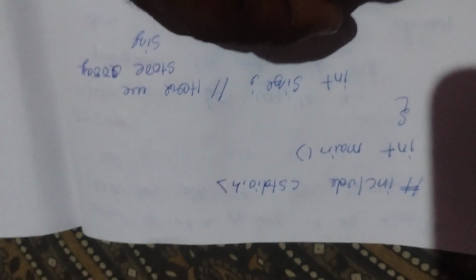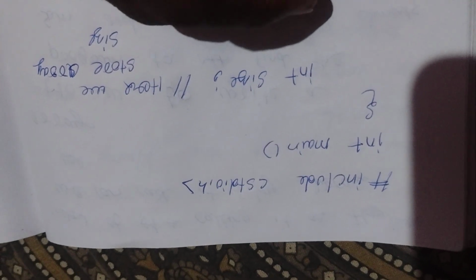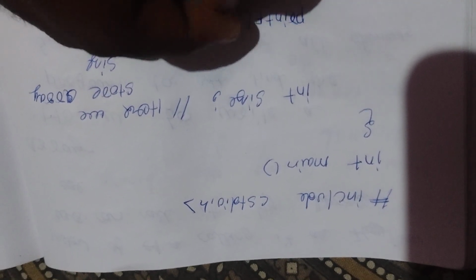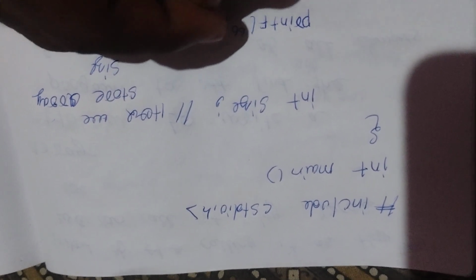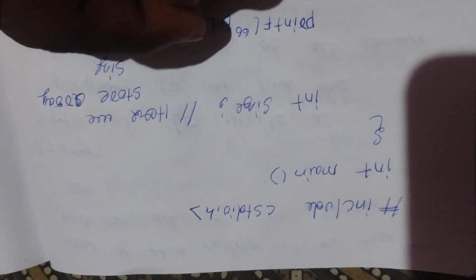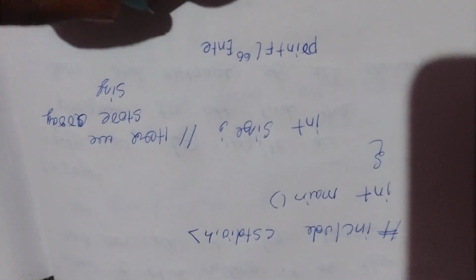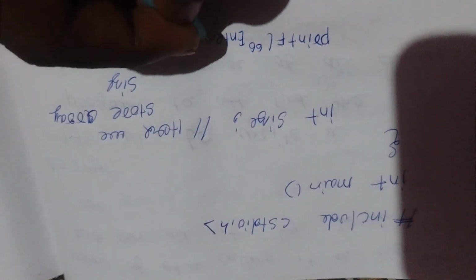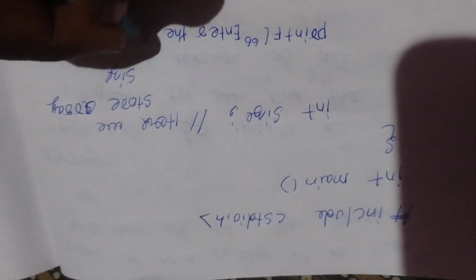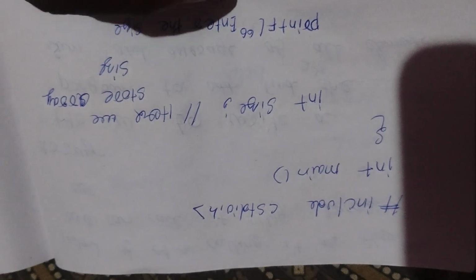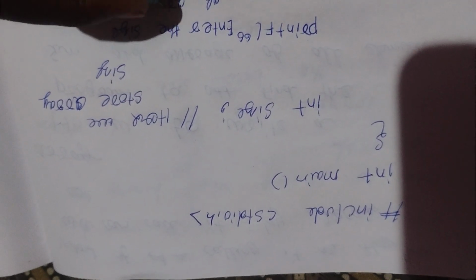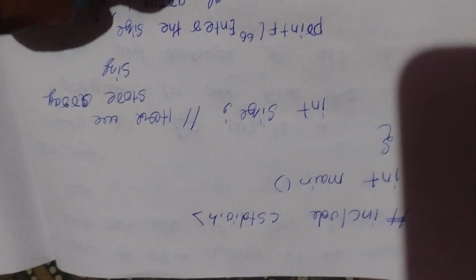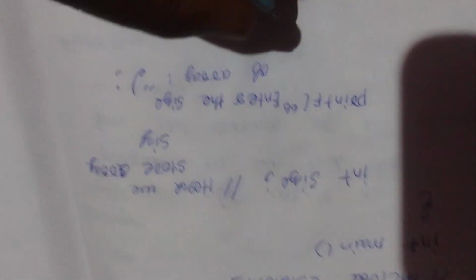Array size, here we can store the array size. Next I'm going to prompt the user: printf open bracket, open double quotation, enter the size of array, close bracket, semicolon.